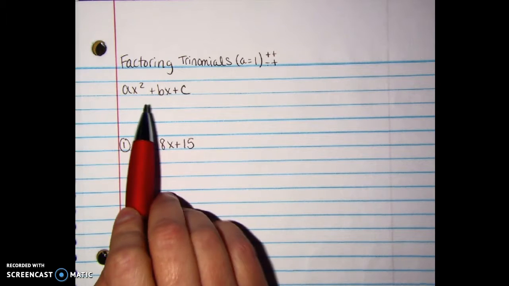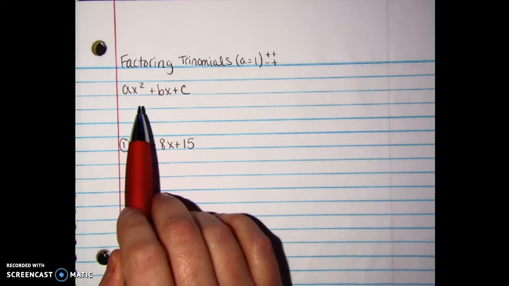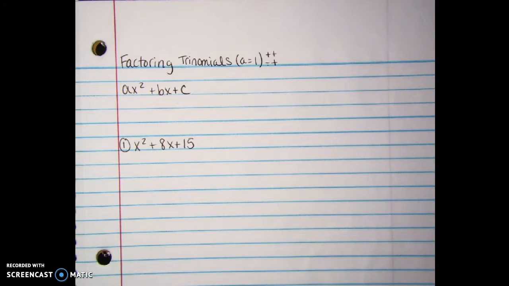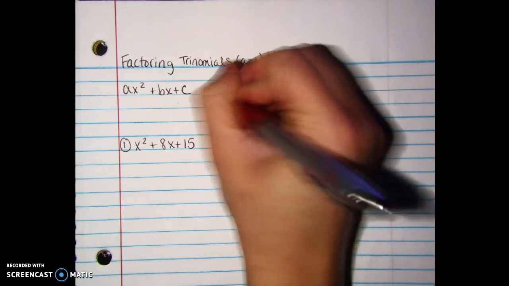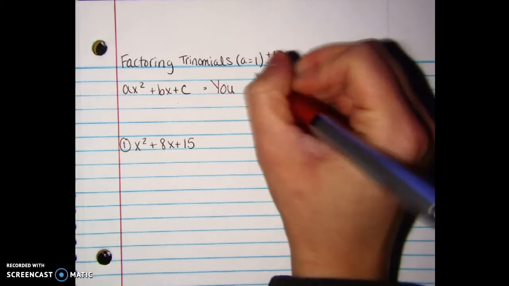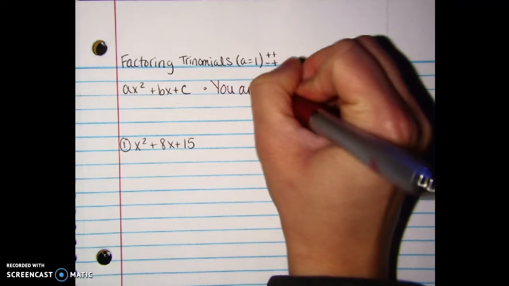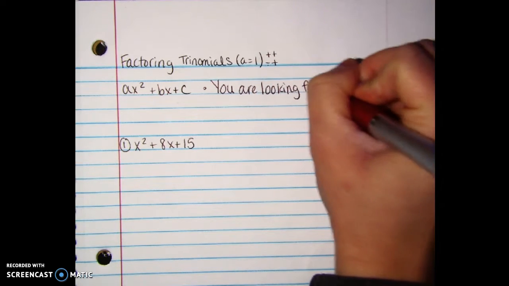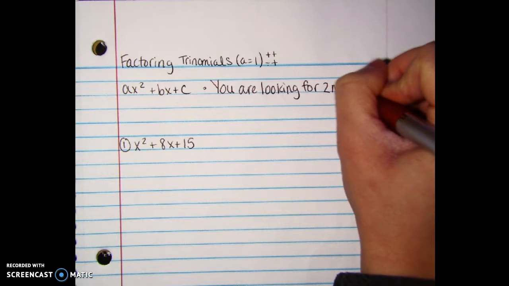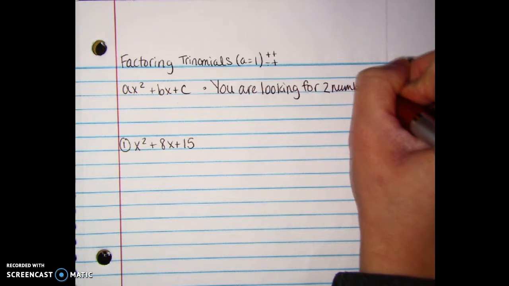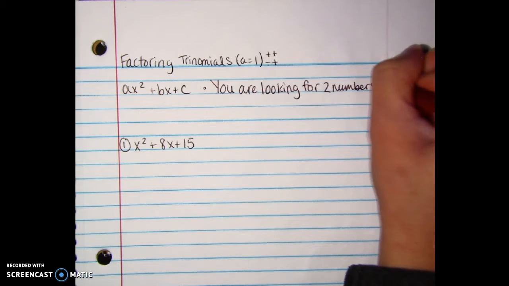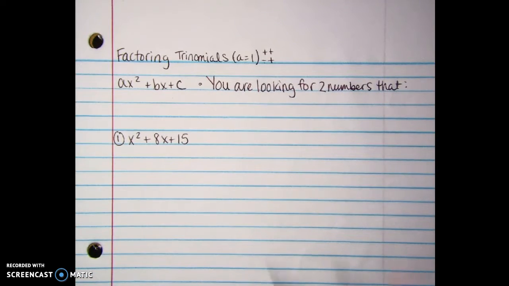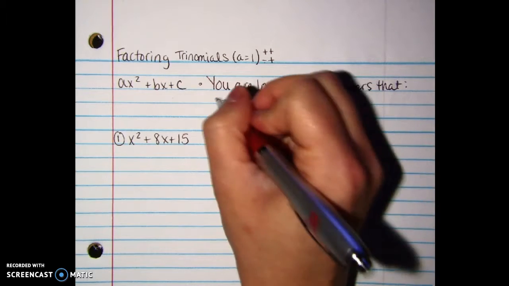So this is the type of trinomials that we're going to be factoring, ax squared plus bx plus c. And in order to factor this, you are looking for two numbers, and there are two things that they have to do.